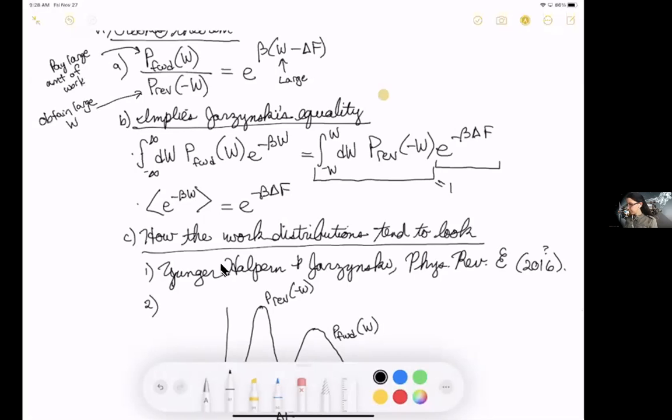See, if W is big, then W minus delta F is going to be positive, and exponentials grow very quickly with positive numbers. So this is a large positive number.